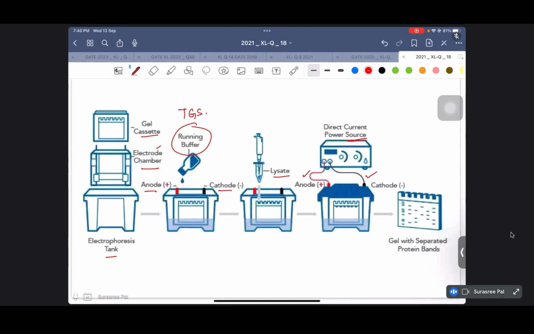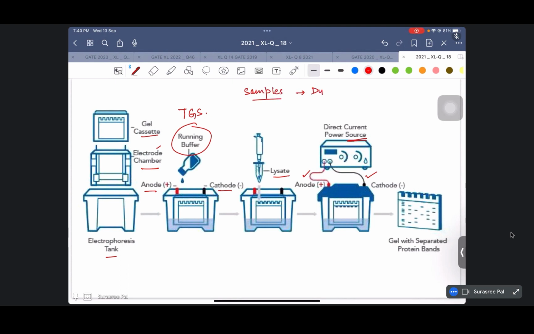You set a specific voltage and a specific milliamps, okay? And then you allow the gel to run. It will take some time, for example 40 minutes to 1 hour, for the whole thing to run.